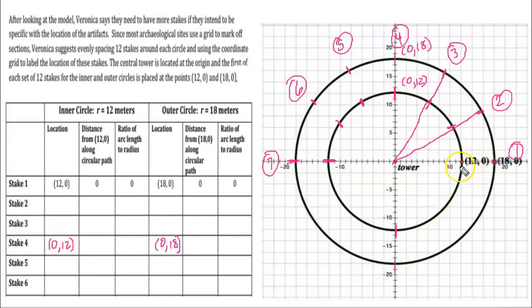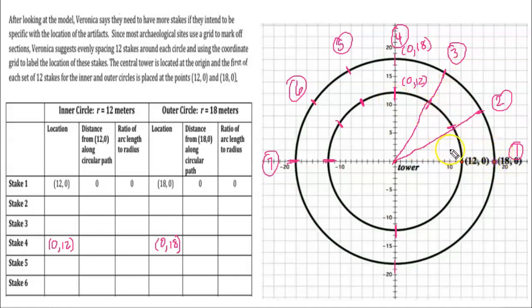We want to know its distance from 12, 0 along the circular path, and we know that's the arc length. So as we're doing the arc length for that little section, we want to find the circumference of the whole circle, and then we can figure out what 1/4 of that would be.